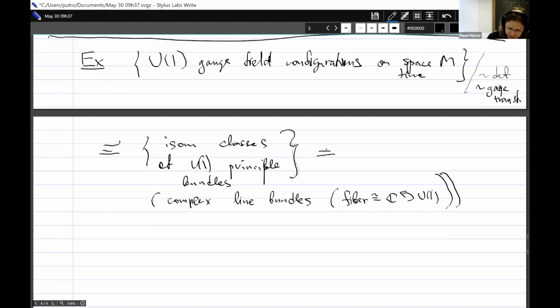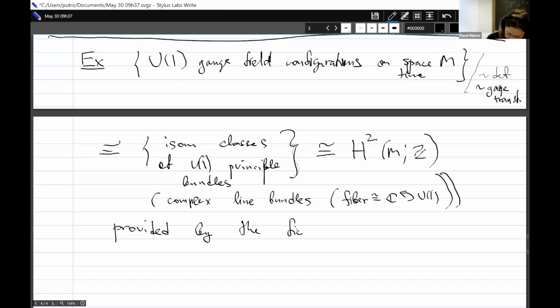The statement we want to consider is that this space is isomorphic to the second cohomology of M with integer coefficients, and the isomorphism is provided by what is called the first Chern class.